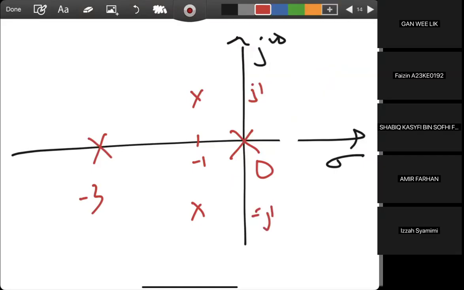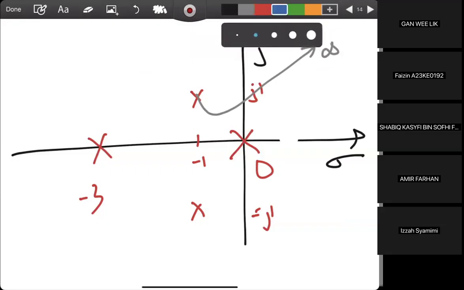Okay. So how many branches of root locus? We have 4 branches. Okay. One is this color, to infinity.